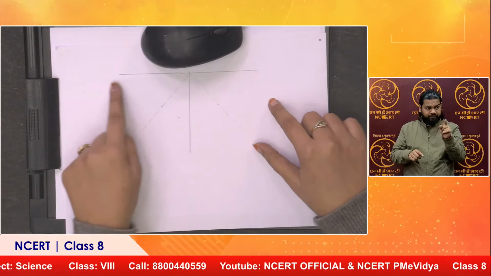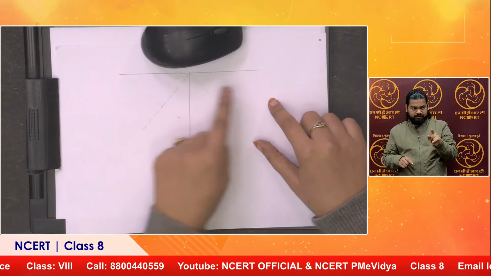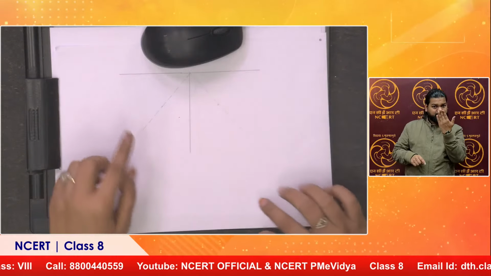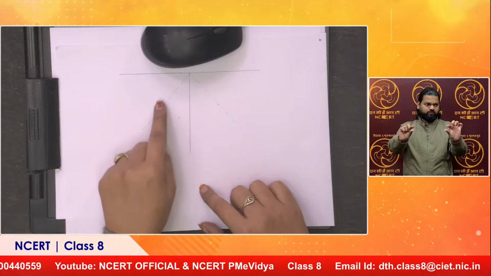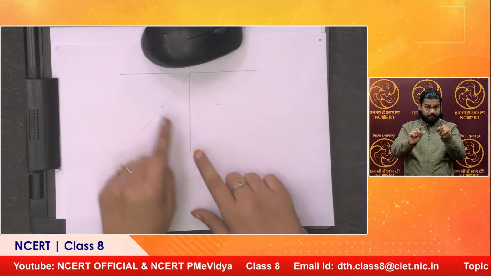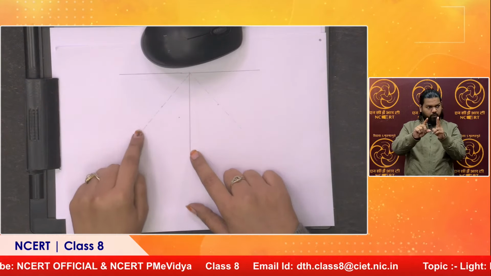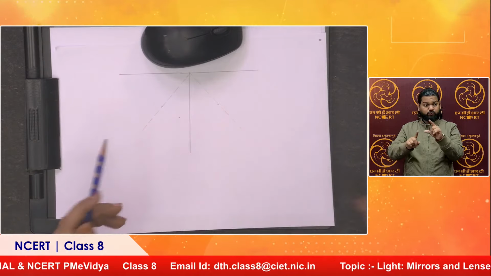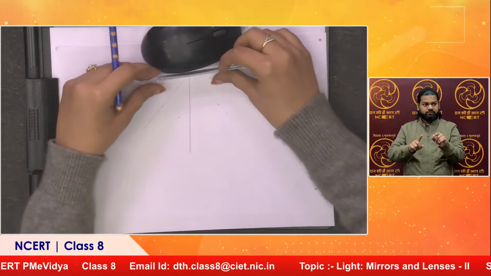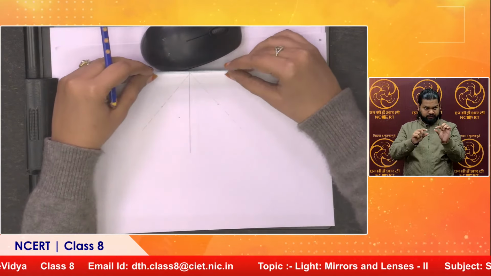We are assuming that this is the plane mirror. I will place the plane mirror here. This is the normal ray, and I have made some angle between the normal and the incident ray. We just have to find out what that angle is.